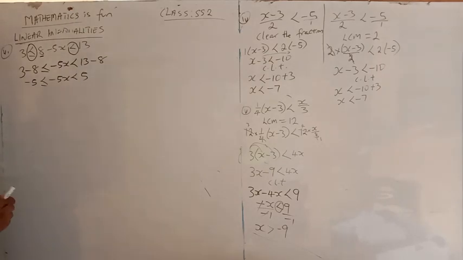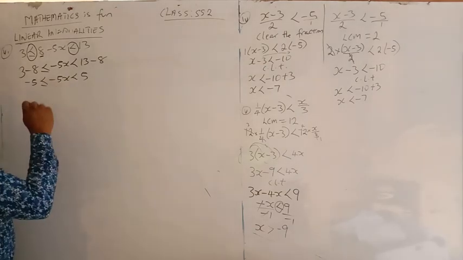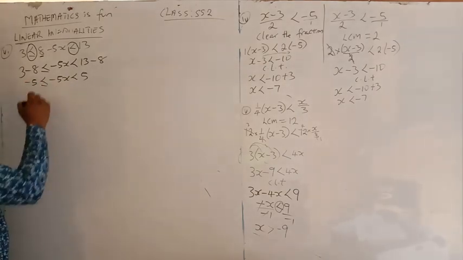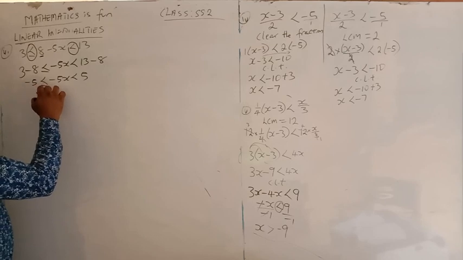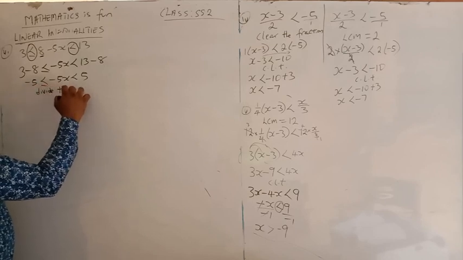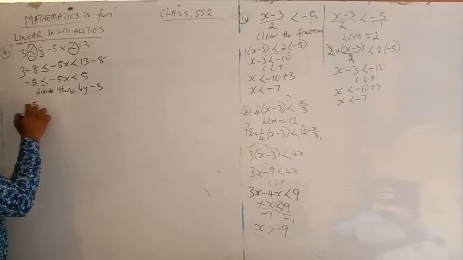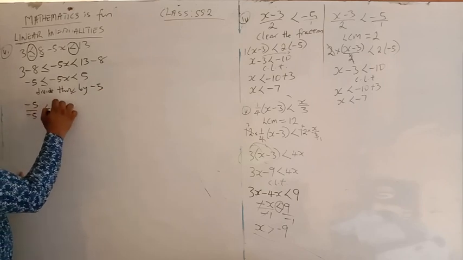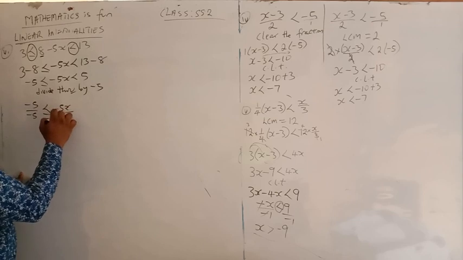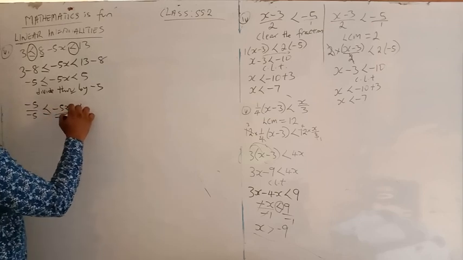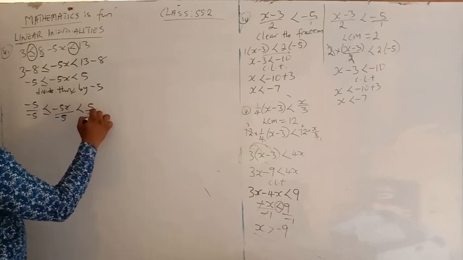Now, the x is still not alone, so this coefficient will have to go away. So what we need to do here is to divide through by negative 5. So you have negative 5 over negative 5 less than or equal to negative 5x over negative 5 less than 5 over negative 5.